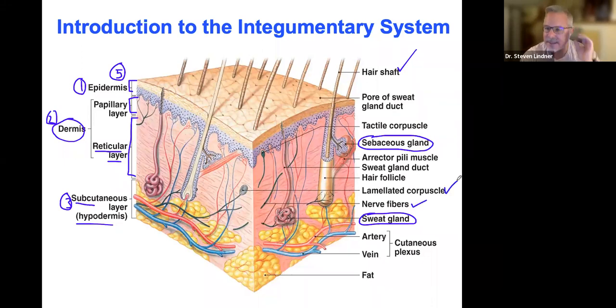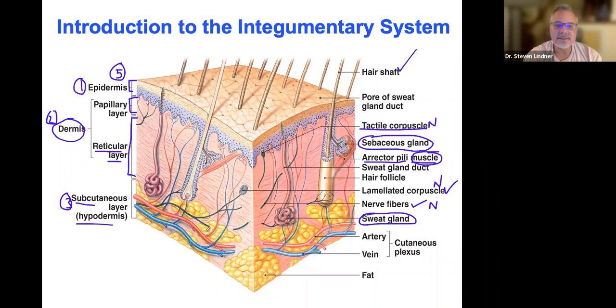We have lamellated corpuscles, which is also neurological. We have muscle, the erector pili muscle. We have tactile corpuscles. Again, this is nerve related. So we have neurological. We have muscle. And remember, glands are modified epithelium.